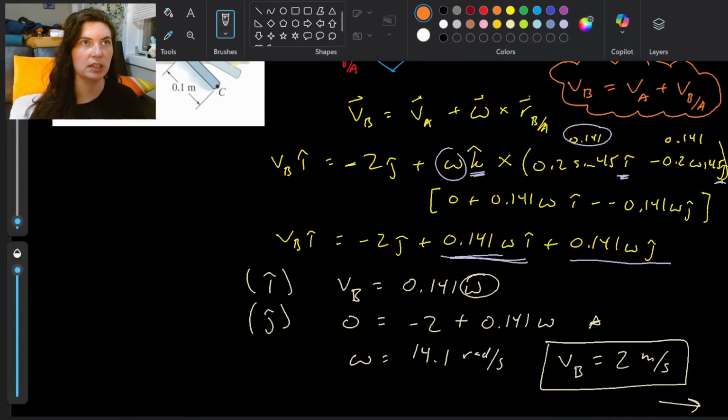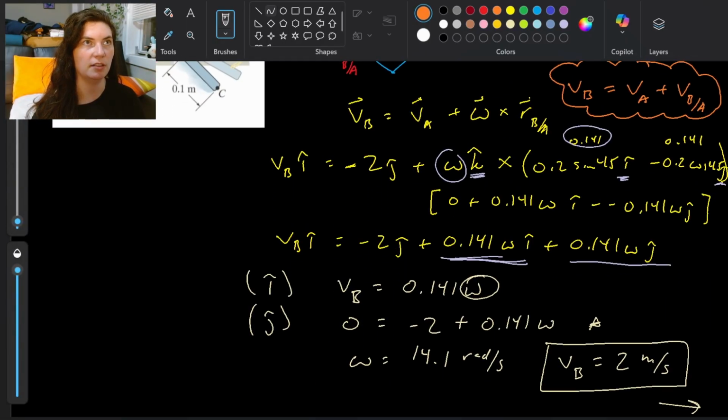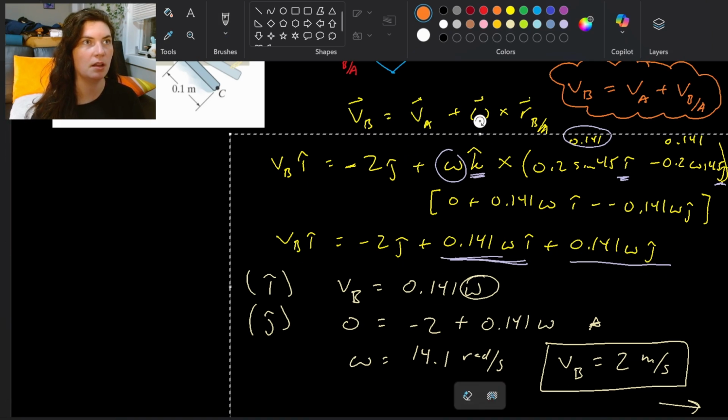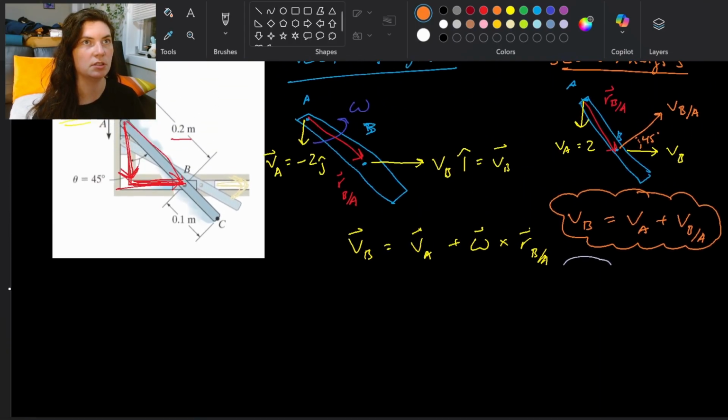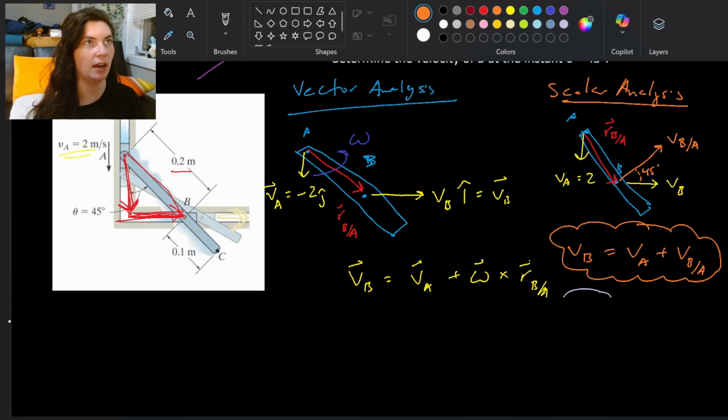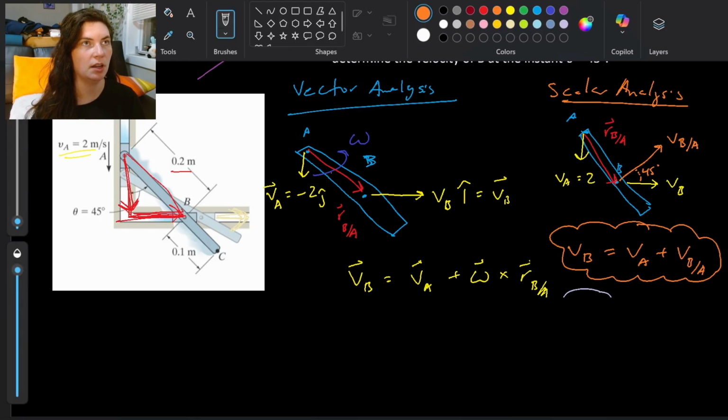So I think I'm actually going to get rid of all of this stuff we had before, and we'll start fresh, writing out our VB equals VA plus VBA.